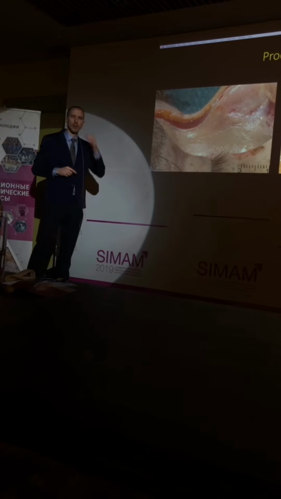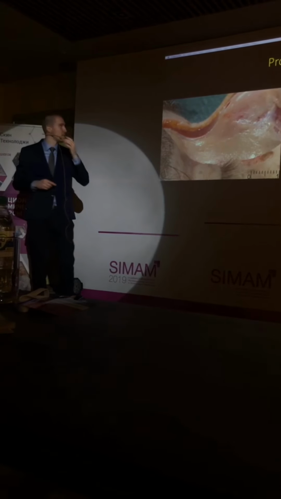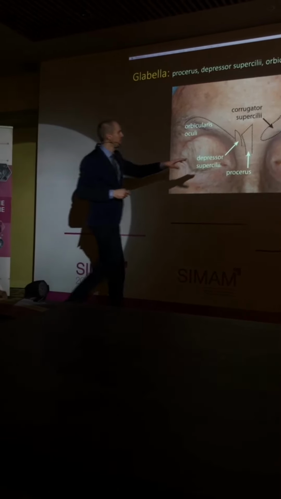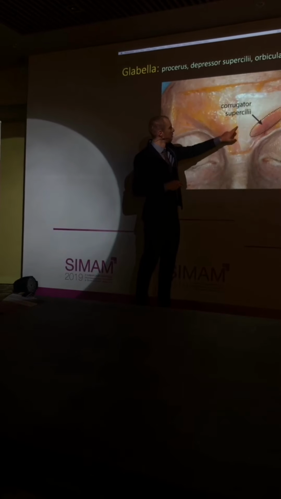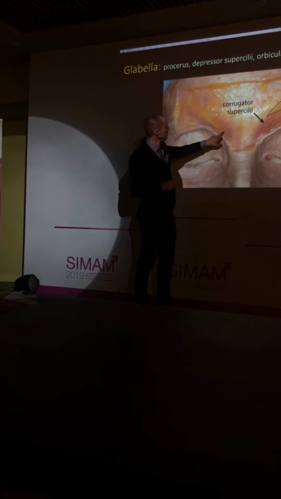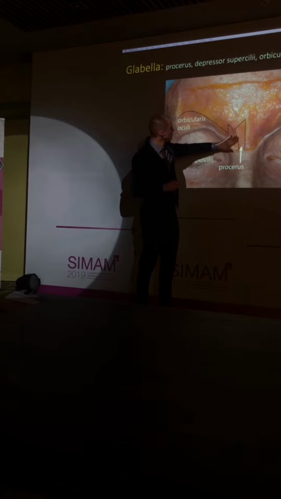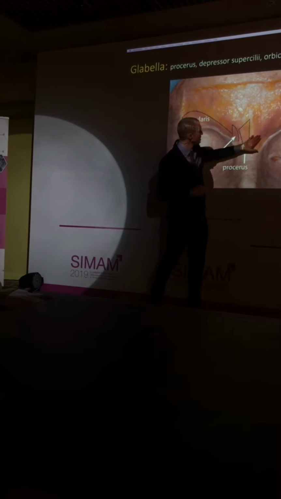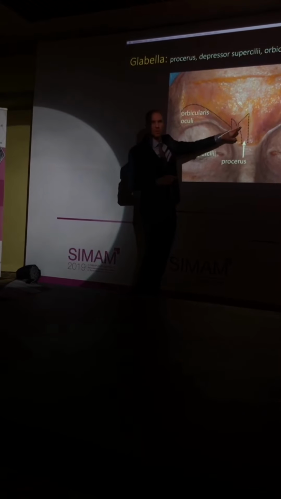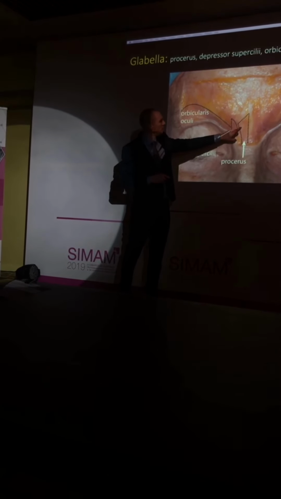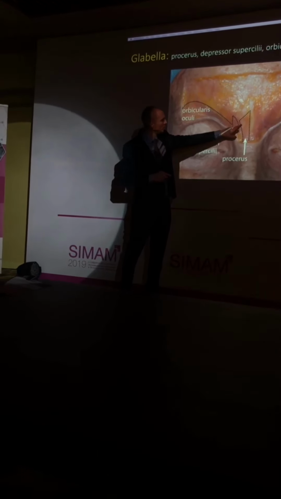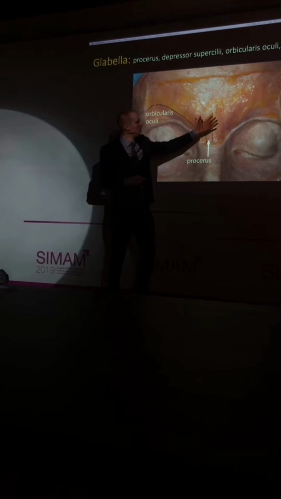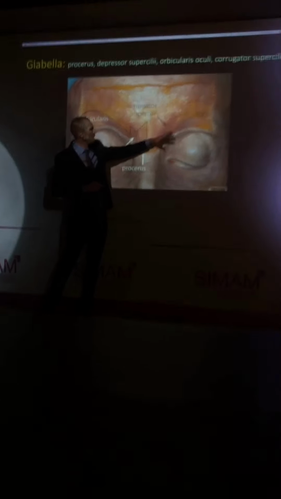If we look at the procerus here, at this point we don't see the corrugator. We see its transparency, but it's covered by the procerus; it is only guessed at.